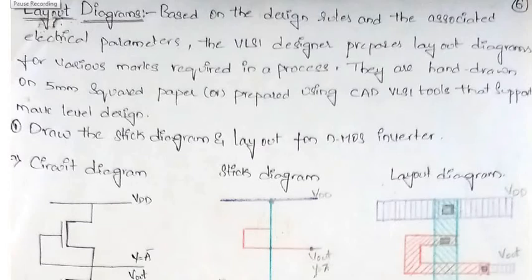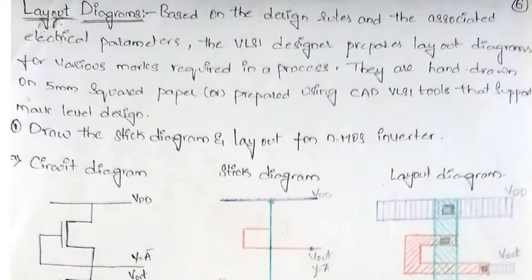So the VLSI designer is going to prepare a layout diagram with all the various aspects required for your particular application. Either you may draw it on your A4 size paper or normal paper, or you can go for the VLSI CAD tools that support mask level designing. So here I have given some examples for your layout diagrams.